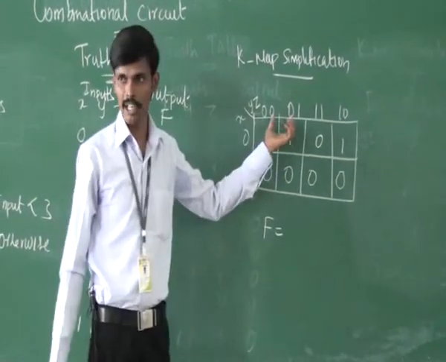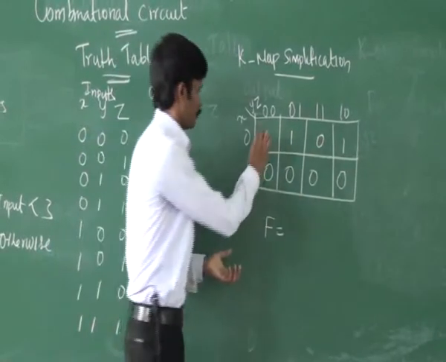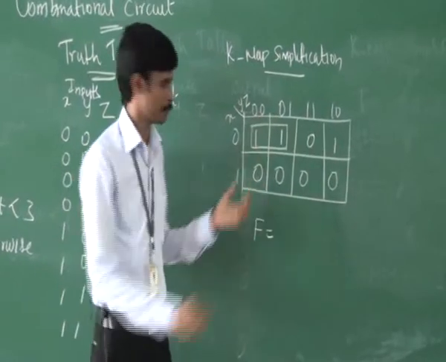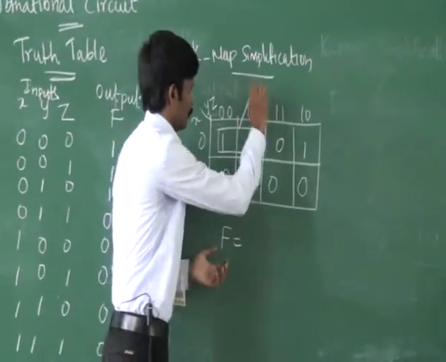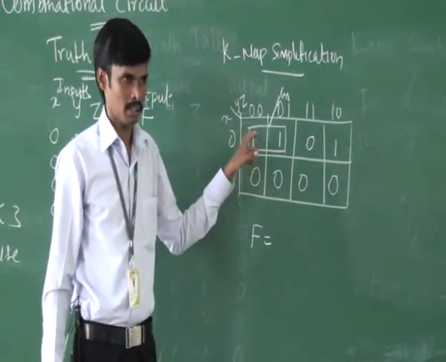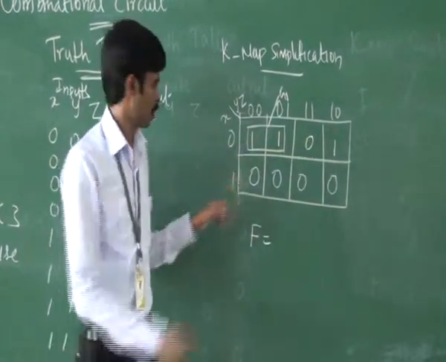In this K-map, we have 2 possible groups. These 2 ones form group 1. Then this one is adjacent to the leftmost one, and this forms another group called group 2.